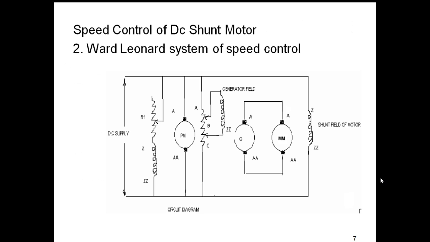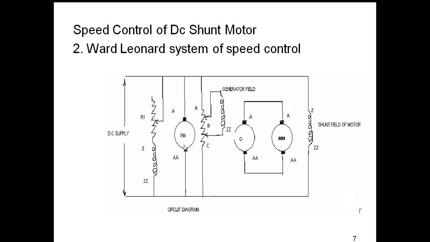Now let us see the next one, that is the Ward Leonard system of speed control. Here we can see totally there are three machines. This is the first one, this is the second one, and this is the third one.